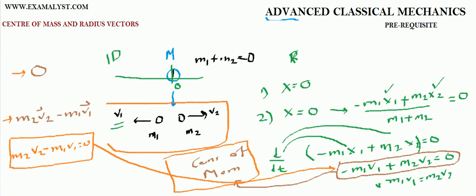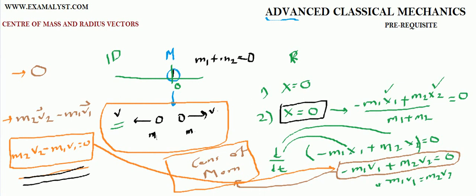If after explosion both the masses are the same, then what will happen? This is the same, this is the same. Then by this equation, both the velocities will also be the same. So if the object explodes into two equal masses, then these two equal masses will move away from each other with the same velocity, so that the equation for conservation of momentum is maintained, or you can say so that the center of mass position is maintained before and after collisions, because both are the same thing.